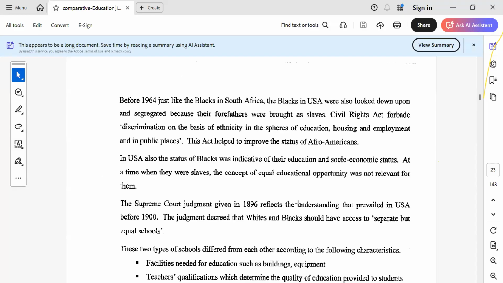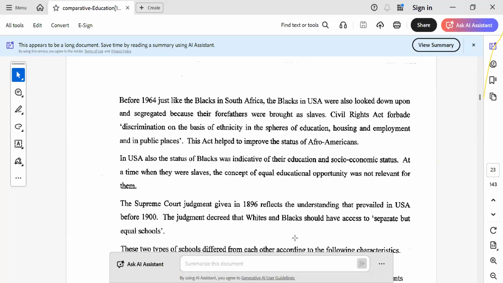No other facilities for them. So in the USA also, the Supreme Court judgment given in 1896 reflects the understanding that prevailed in the USA before 1900. The judgment decreed that whites and blacks should have access to separate but equal schools.